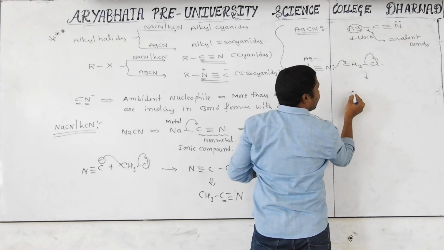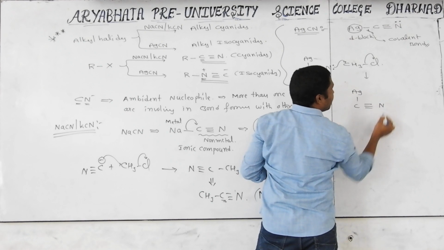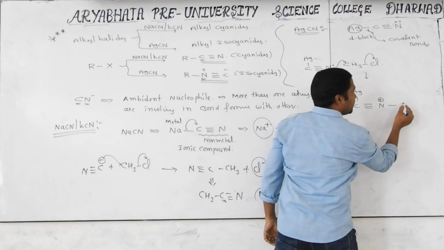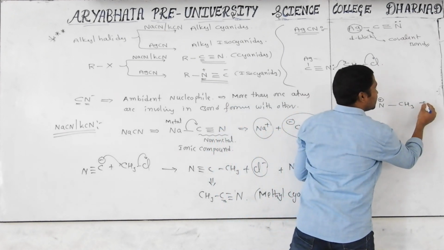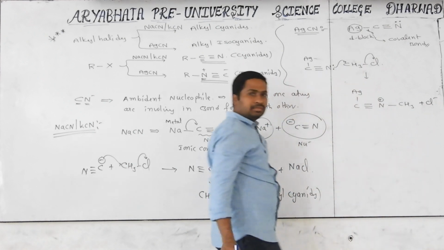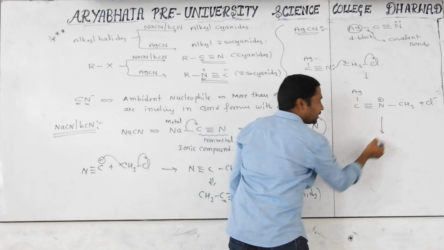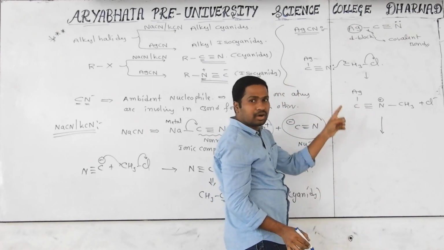See here very carefully: Ag, C, triple bond, N. Donating nitrogen gets which charge? Positive charge, connected with CH3. And which is coming outside? Cl minus. Is it stable? No. Still it has to lose something. Between silver and carbon, silver is a metal and carbon is a non-metal.